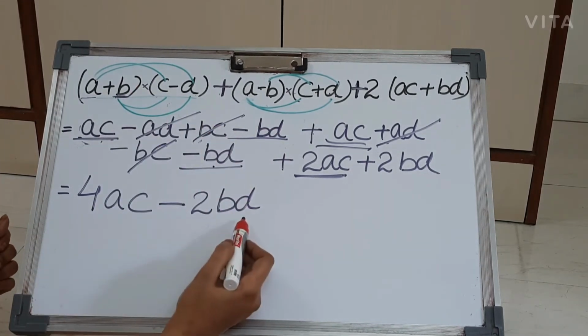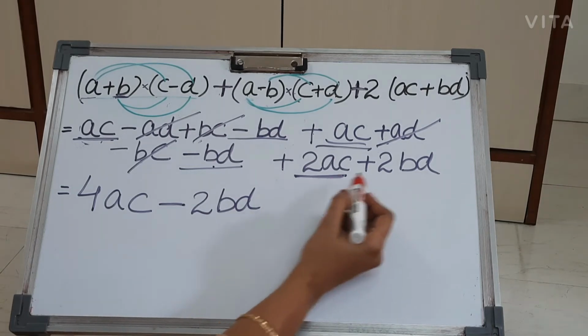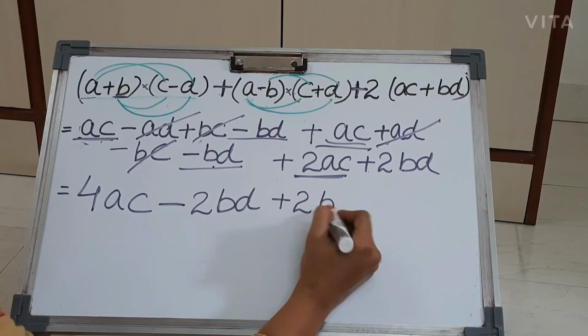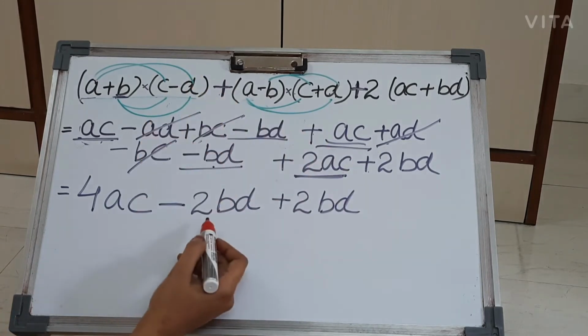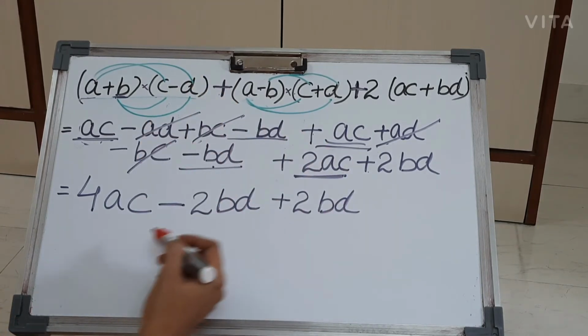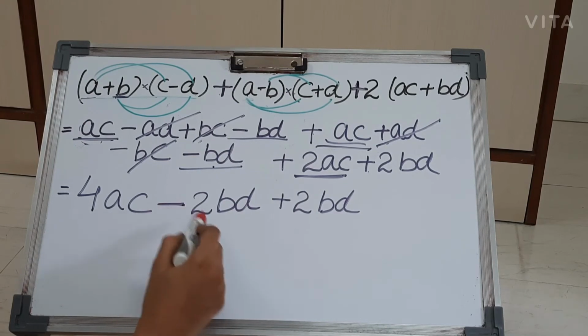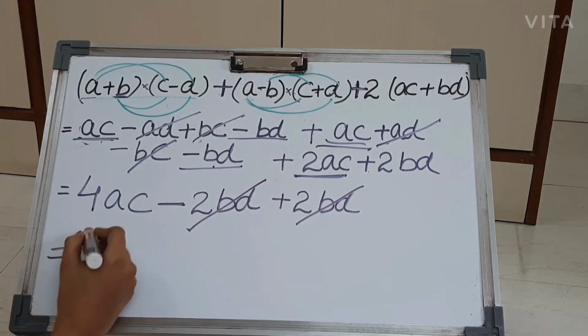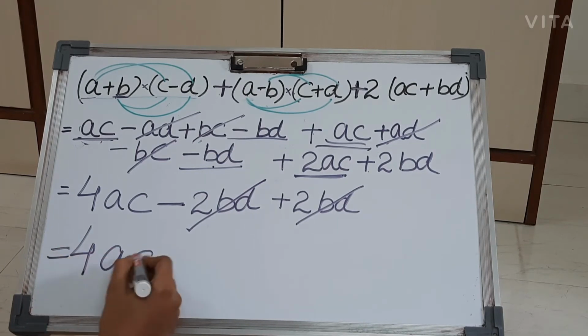So this is like this. Now what is left here is plus 2BD. Plus 2BD. Now again, I wrote this here so that you can understand well. Now this is minus 2BD and here plus 2BD. We will just cancel this. So the answer is 4AC.